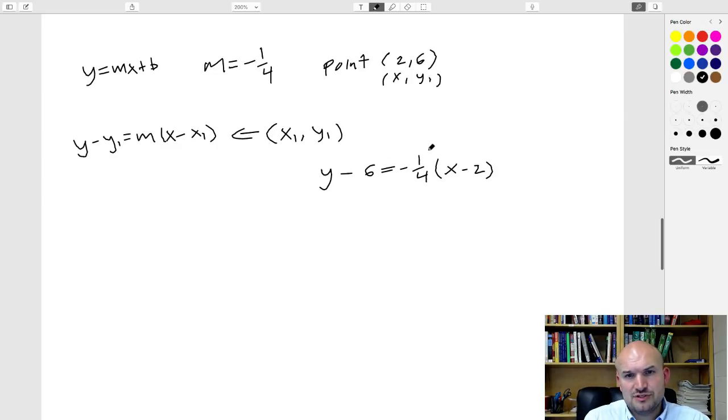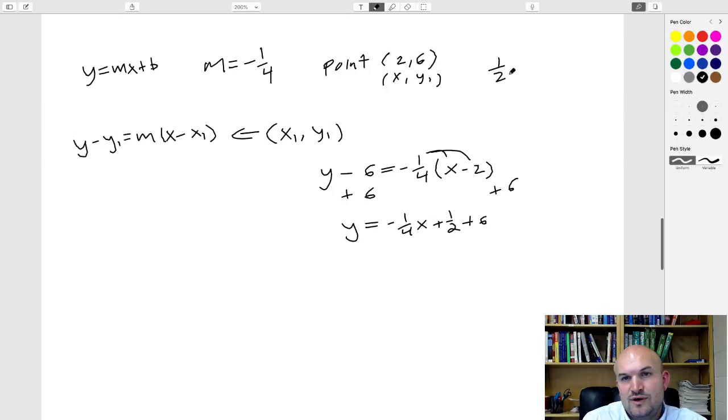Now, obviously, some people want to solve for y. So I'll distribute the negative 1/4, and then add the 6 to the other side. So I have y is equal to negative 1/4 x. Negative 1/4 times negative 2 is going to be a positive 1/2, plus 6.